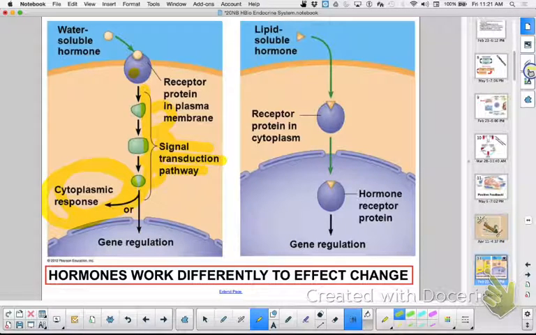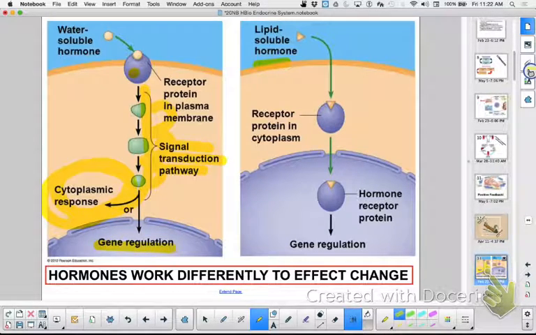Do you see that? So there's redundancy there. That is conserved. That metabolic pathway is the same, but what triggers it is different. It can also impact gene regulation, but more often than not, protein or peptide hormones trigger some sort of thing within the cytoplasm. Steroid hormones are different, though.